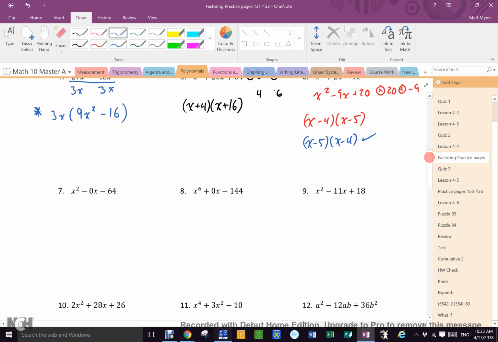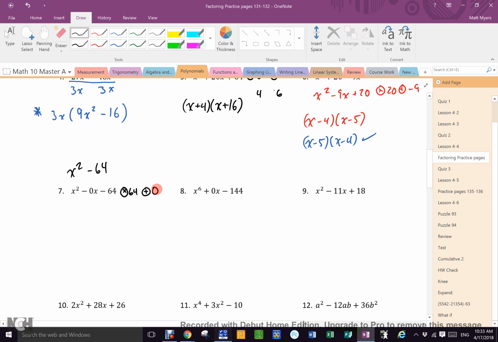Now, what about number 7 and 8 is only there because this is a math class? The 0. Would I ever write the 0 in real life? No. It's only there because it's a math class. Because this is the exact same as x squared minus 64, right? But I put that 0 there to remind you that I need to multiply to 64 and add to 0.